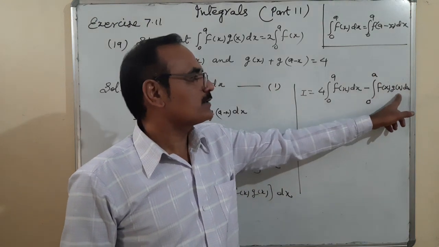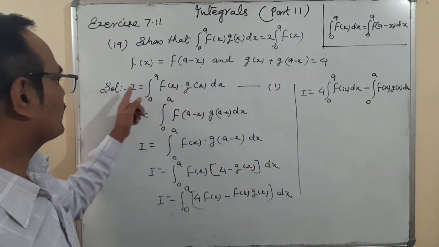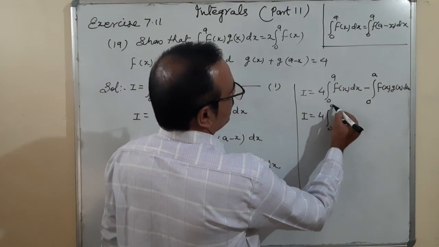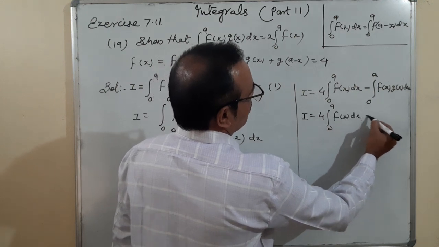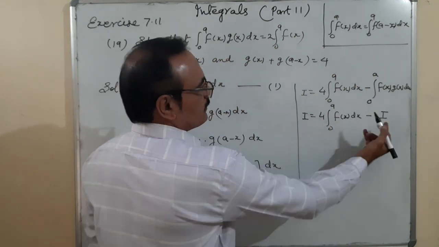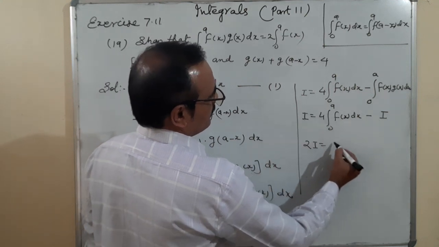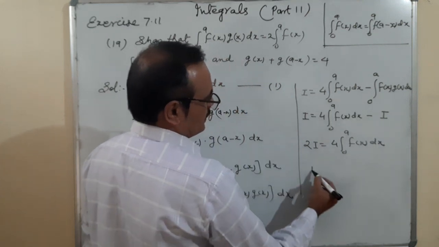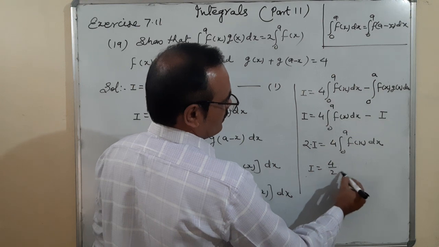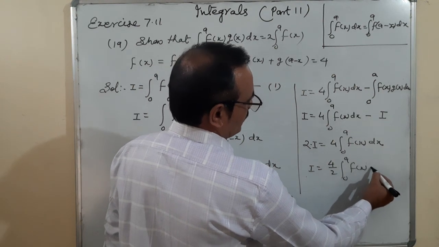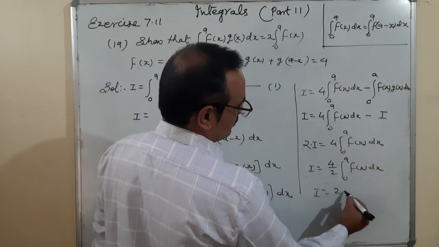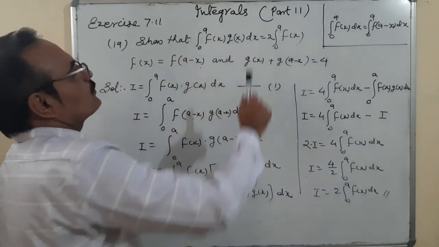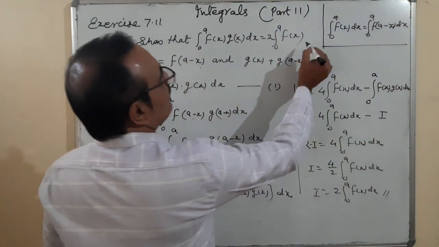The integral from 0 to a of f of x into g of x dx, I have taken as I. So I is equal to 4 times the integral from 0 to a of f of x dx minus I. I will be shifted here, 2I is equal to 4 times the integral from 0 to a of f of x dx. Therefore I is equal to 4 upon 2 times the integral from 0 to a of f of x dx. And therefore the final term is 2 times the integral from 0 to a of f of x dx. Clear?